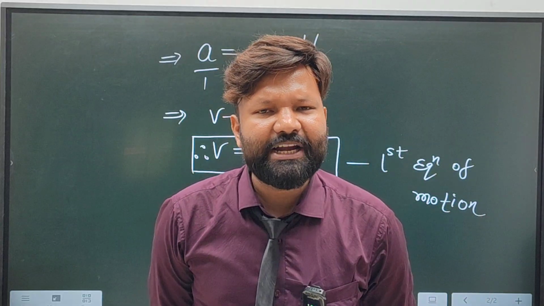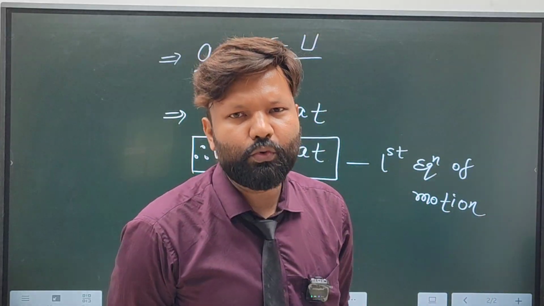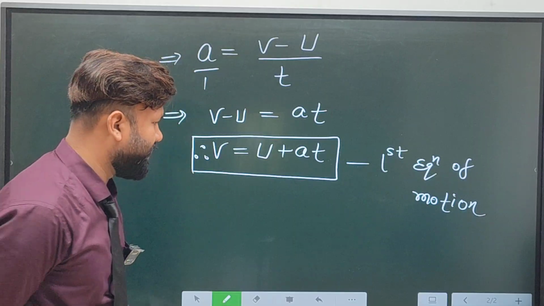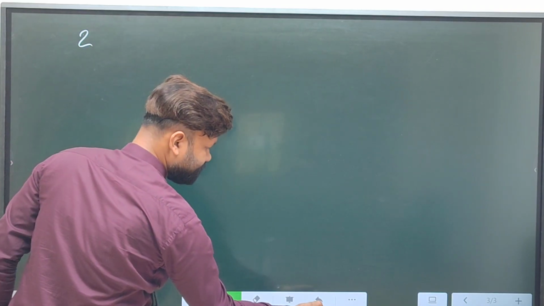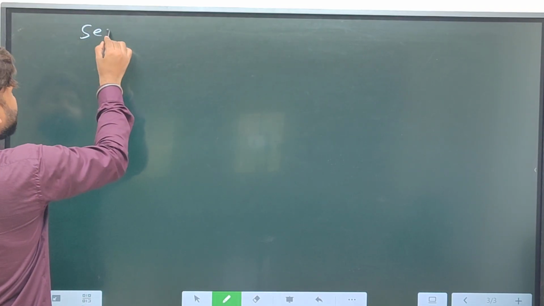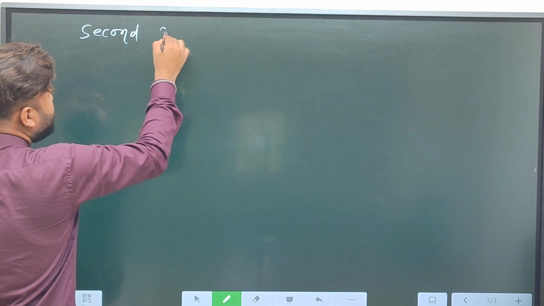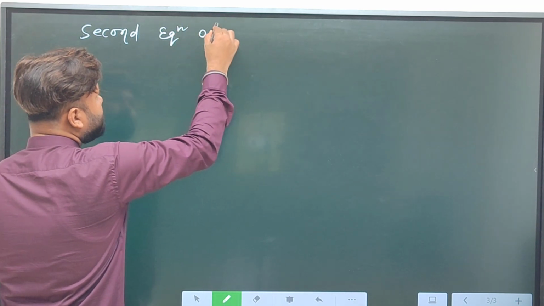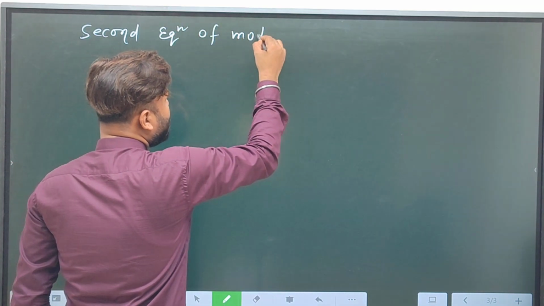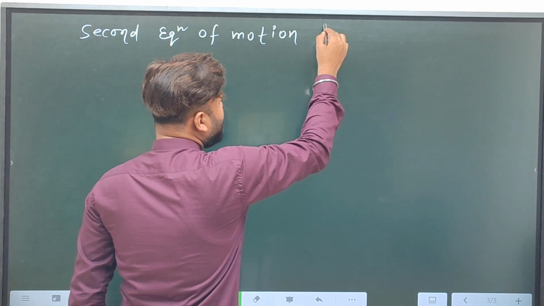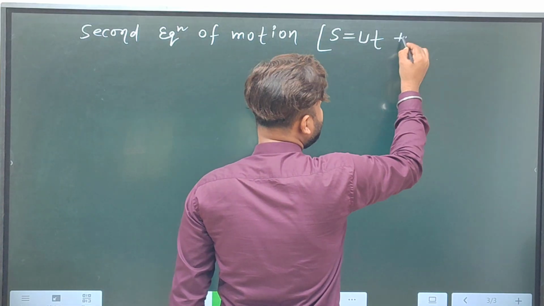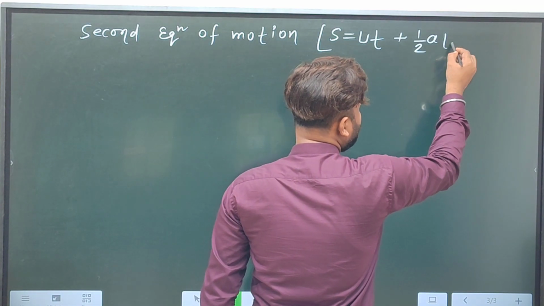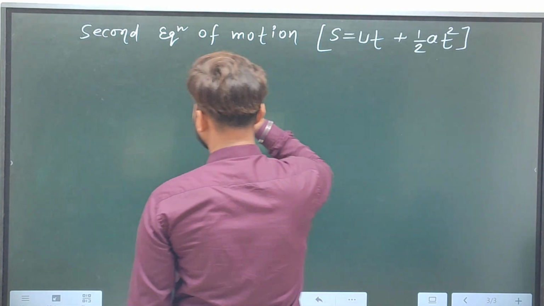Let's move to the second equation of motion, that is S is equal to UT plus half AT square. Second equation of motion, that is S is equal to ut plus half at square.